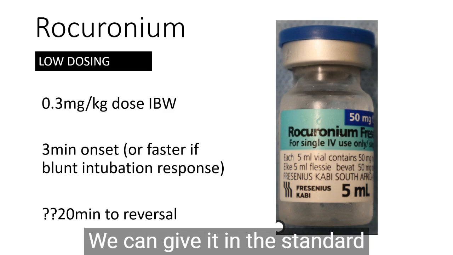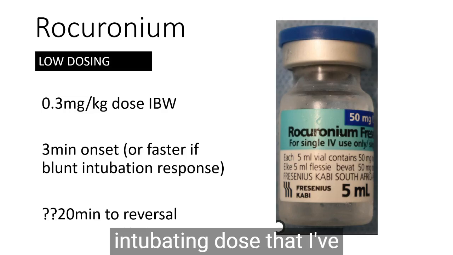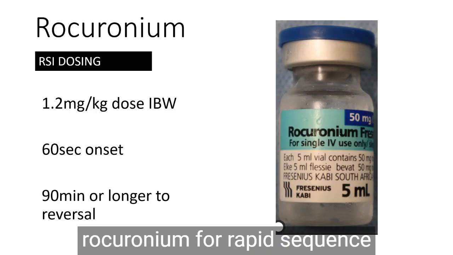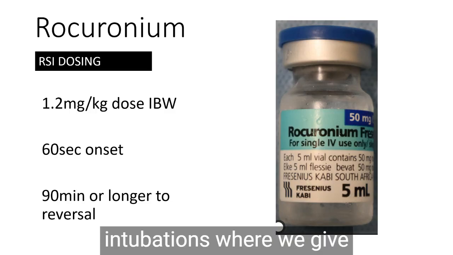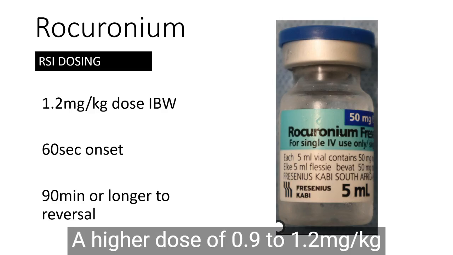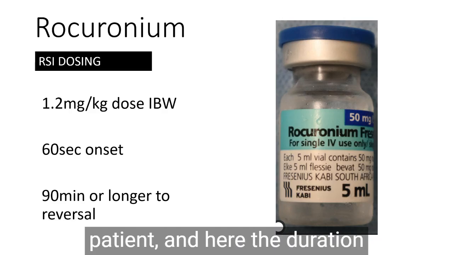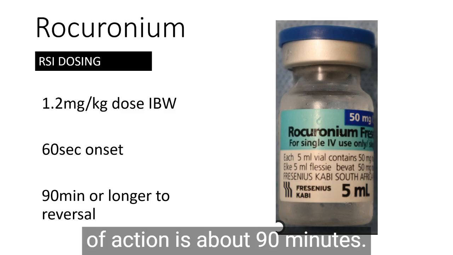We can give it in the standard intubating dose that I've gone through previously, and then we can also use rocuronium for rapid sequence intubations, where we give a higher dose of 0.9 to 1.2 milligrams per kilogram based on the ideal weight of the patient. And here the duration of action is about 90 minutes.